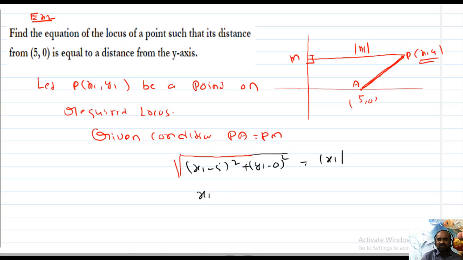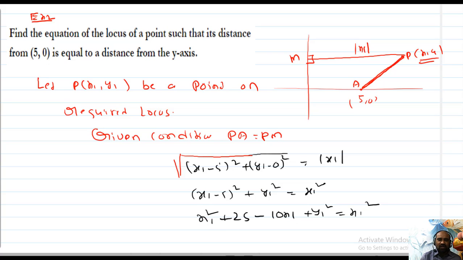Squaring on both sides, (x1 minus 5) whole square plus y1 square equal to x1 square. Mod x whole square becomes x square. Now x1 square plus 25 minus 10x1 plus y1 square equal to x1 square. What happened here? x1 square gets cancelled.